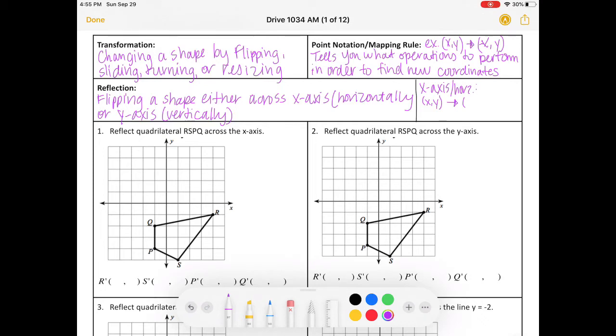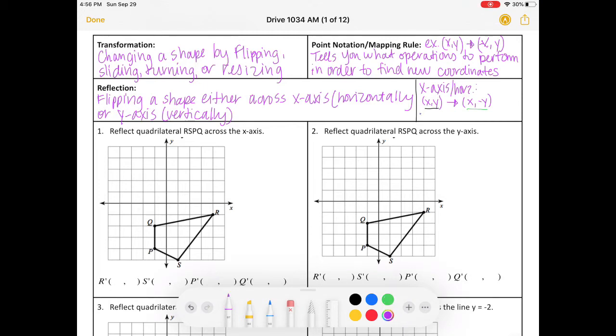So I'm flipping over the x-axis, so my x coordinate will stay the same and my y coordinate will become negative. So think of these as the original coordinates, okay? And then these would be the new coordinates, right?